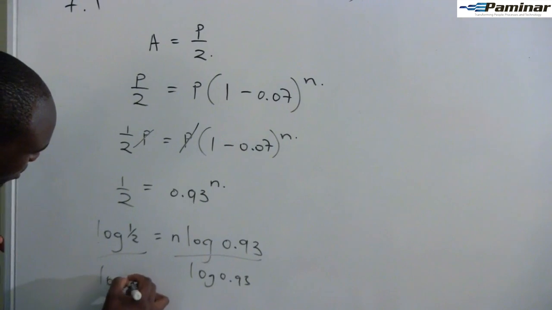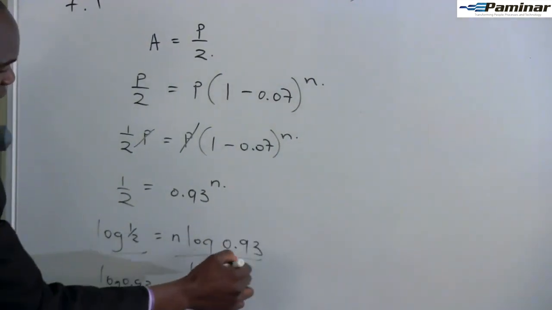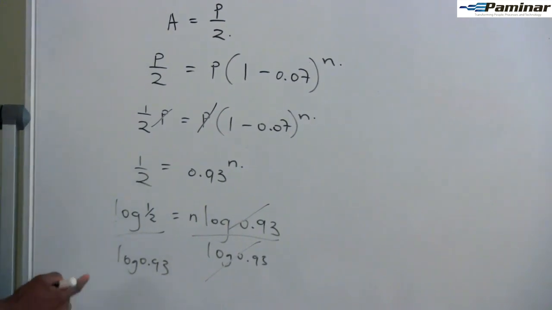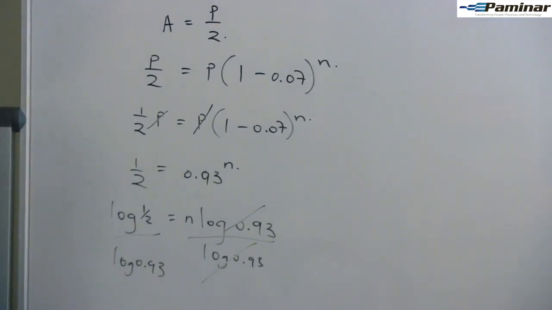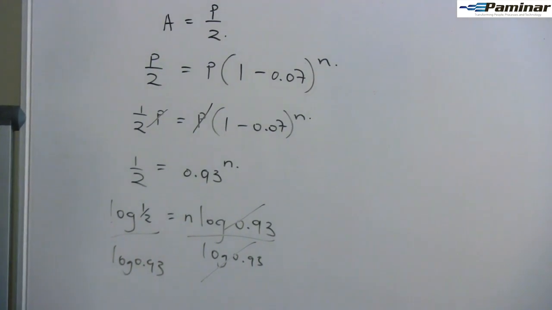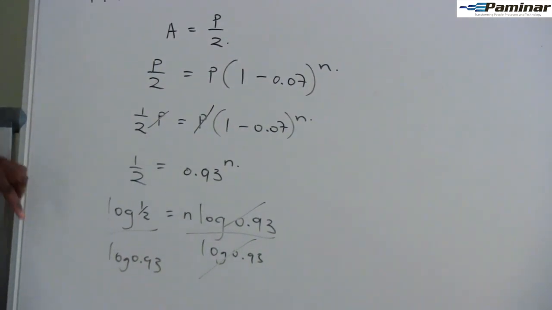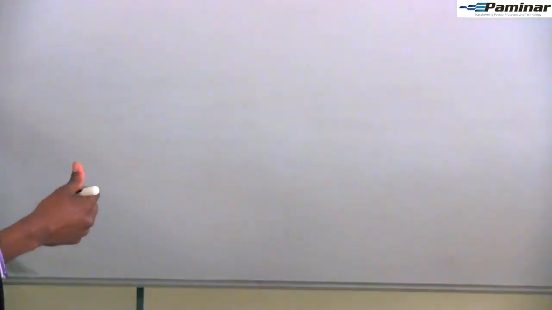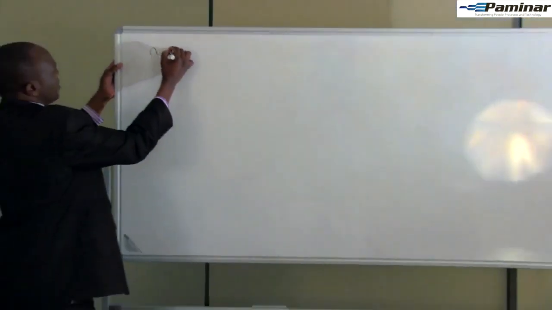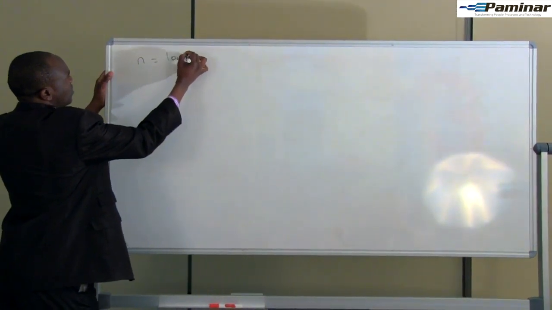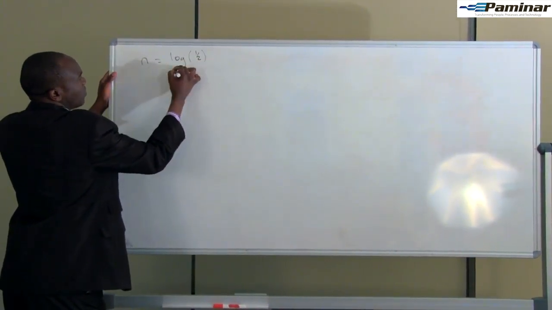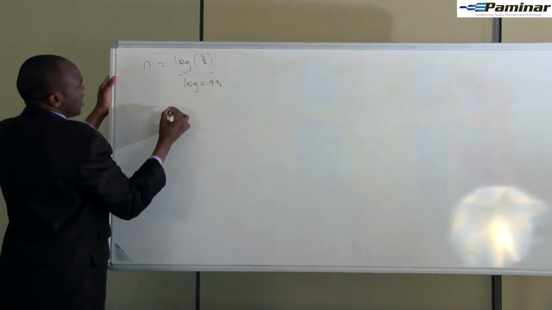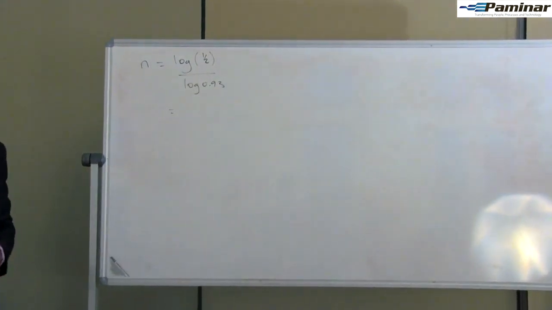So n is log half all over log 0.93. Now you can punch it in your calculator.